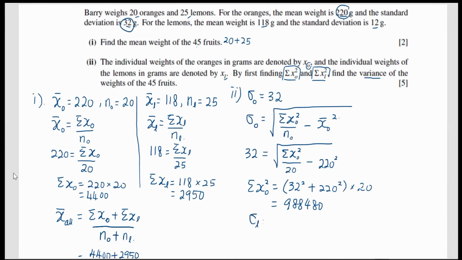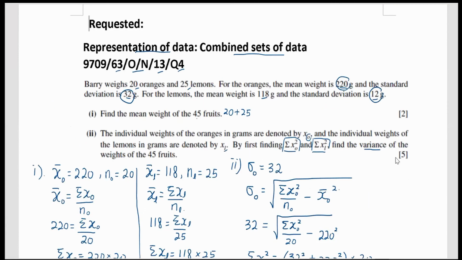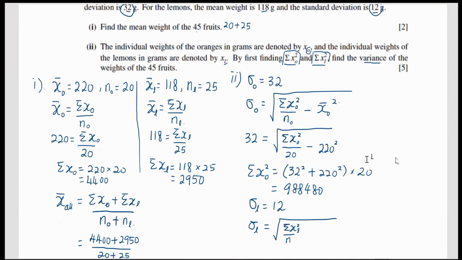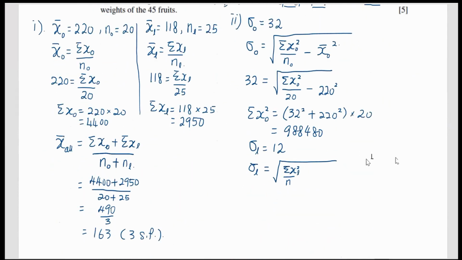So the standard deviation for lemon is given as 12 grams. I write down the formula again: 12 equals the square root of sigma x squared for the lemon, and this is what we need to find out, divided by n of the lemon, then minus the mean of the lemon squared.